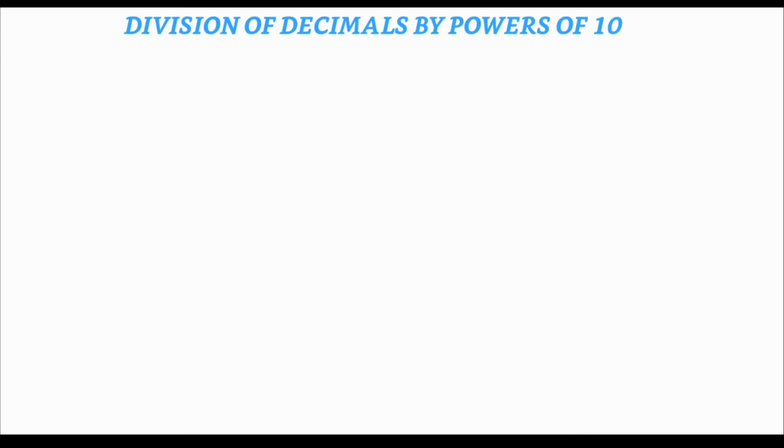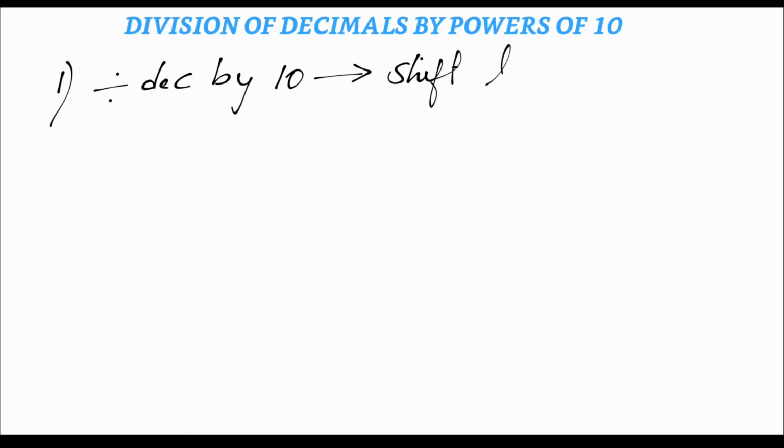Division of decimals by powers of 10. To divide a decimal by 10, what you have to do? You are going to shift the decimal point left by 1 place.